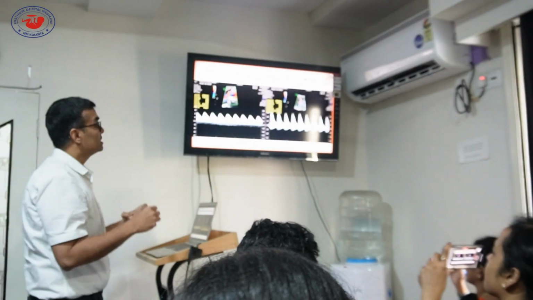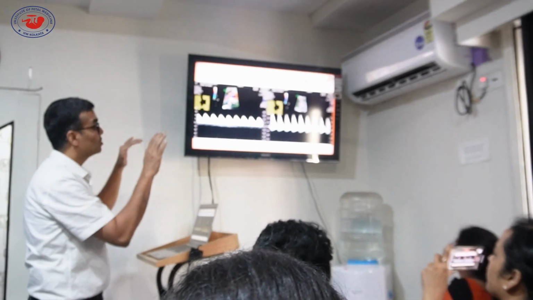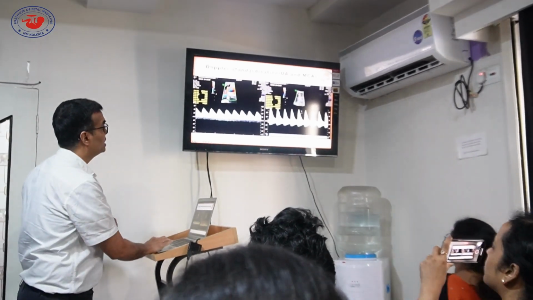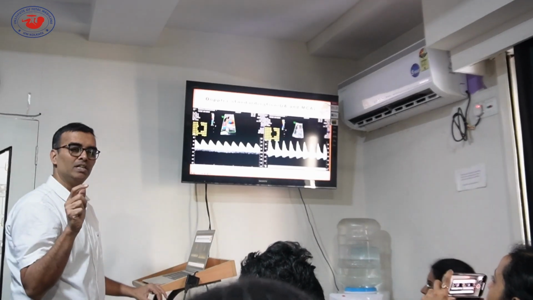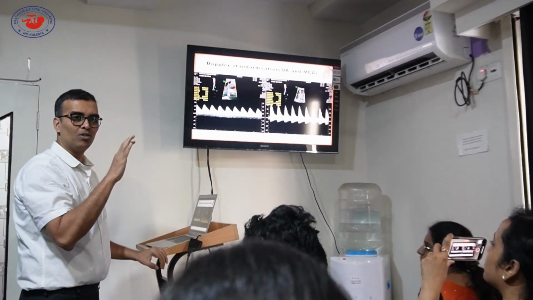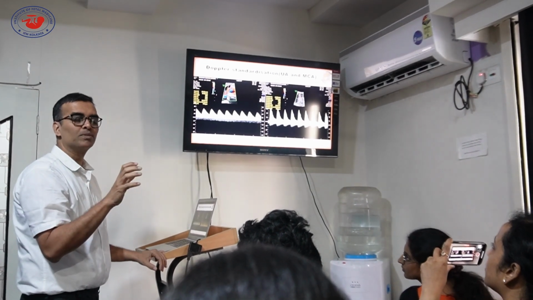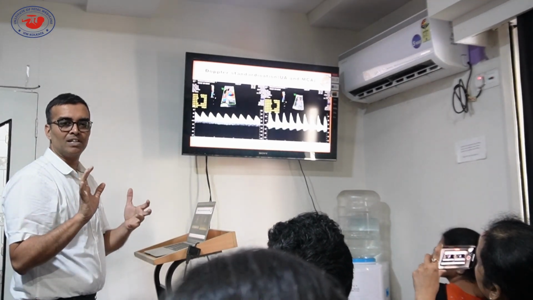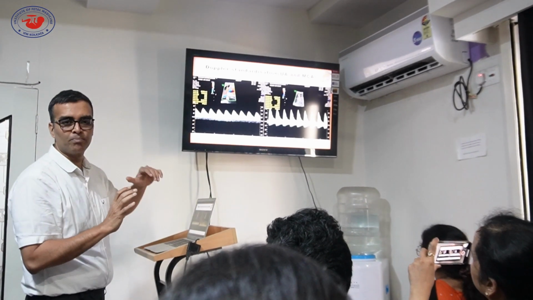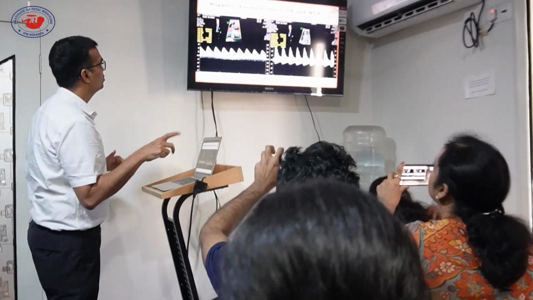In those cases, if your waveforms are not very homogeneous, then you do a manual tracing for the best waveform. You cannot just put auto trace, because auto trace will then average everything. If you are getting homogeneous waveforms, then you put auto trace. Otherwise, you can do a manual trace.